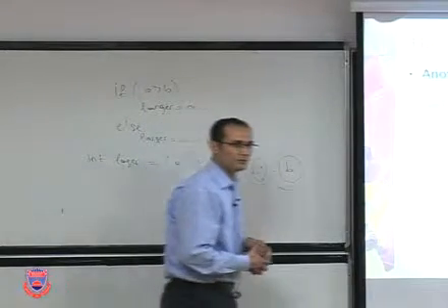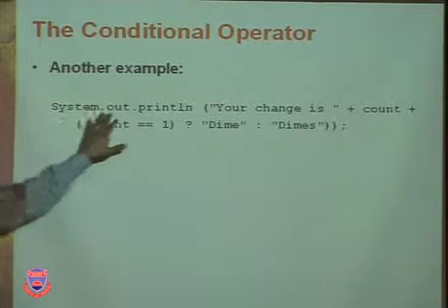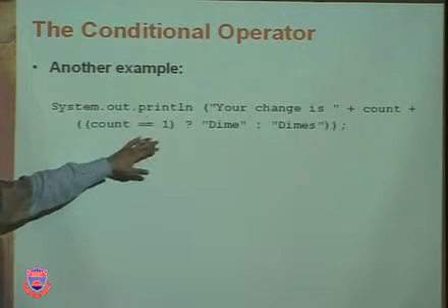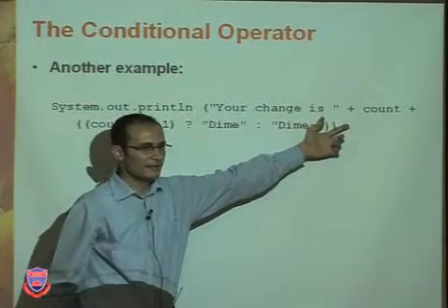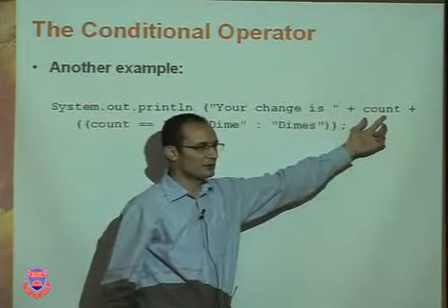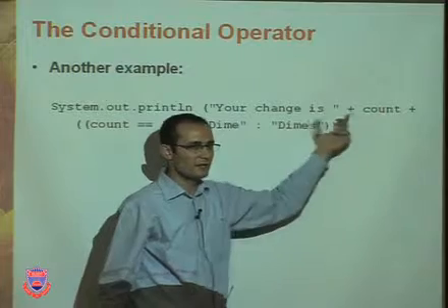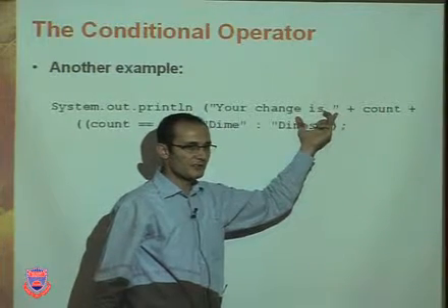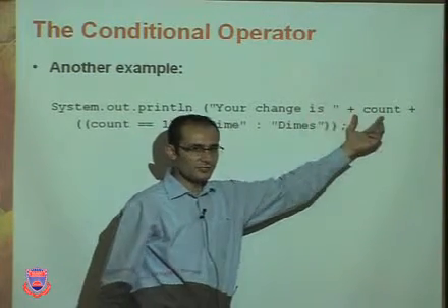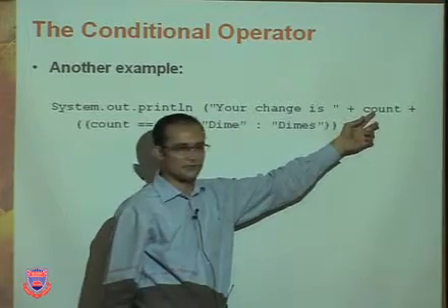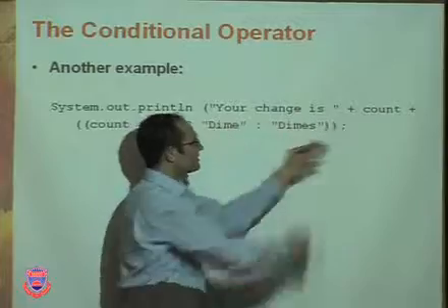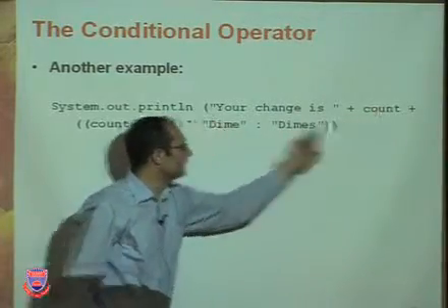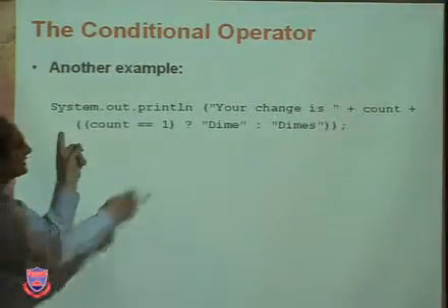So another example with the ternary operator, if you look into this, System.out.println, and then you print your changes, and then it is going to copy whatever that integer value is. Remember, if you concatenate a string value with an integer, it automatically appends this integer at the end of the string, right? So it's going to concatenate your changes. Let's say count is 5. 5 plus, it's going to concatenate this part too.